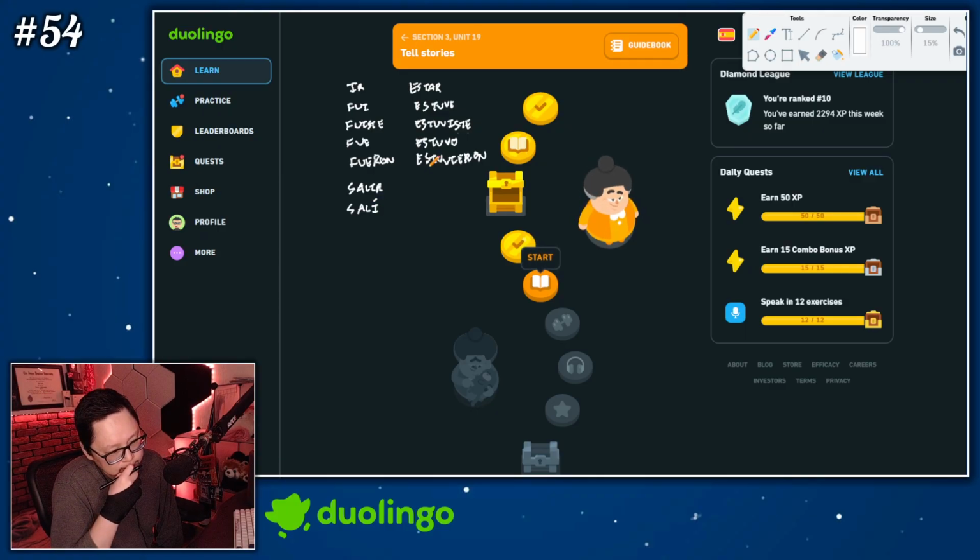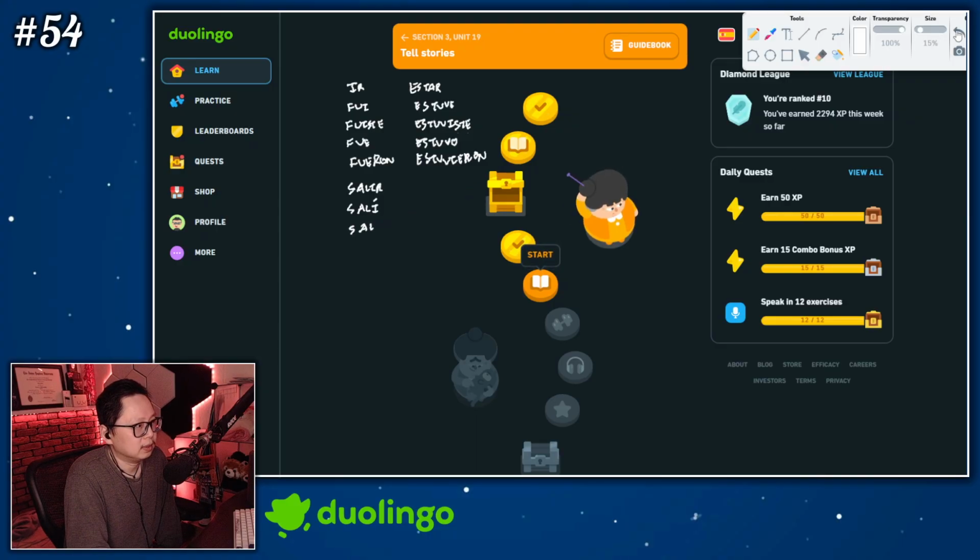So ir becomes E, right? Yes. So salí, probably, and then saliste. We didn't do them retroactively. Then salió. And salieron.